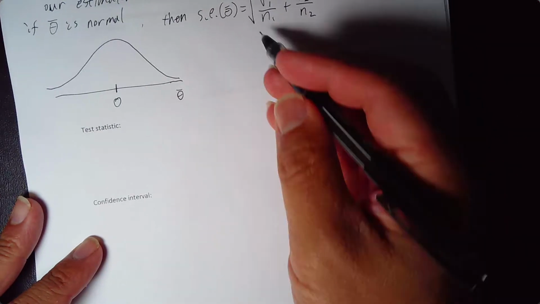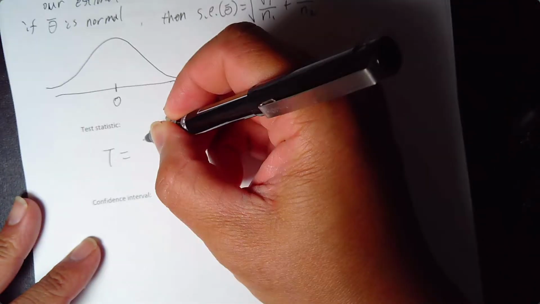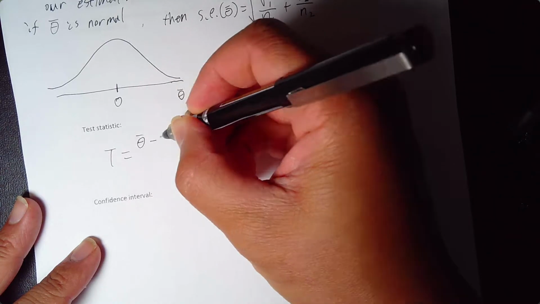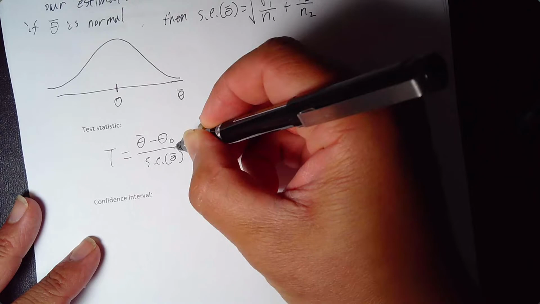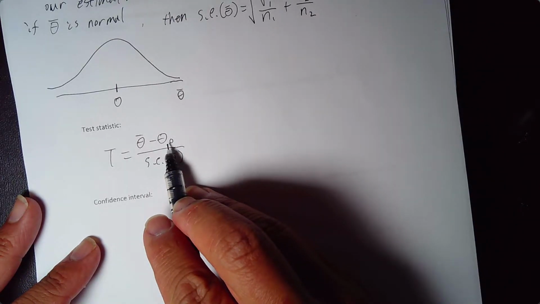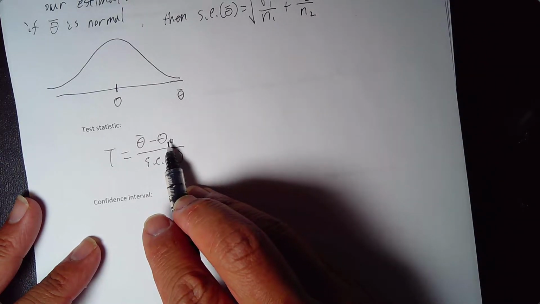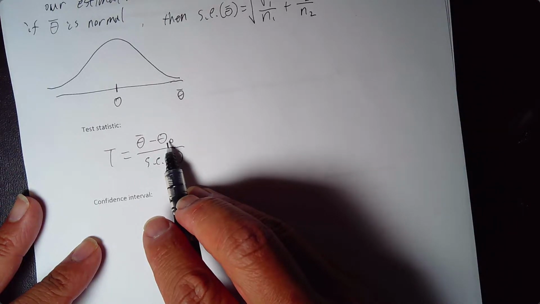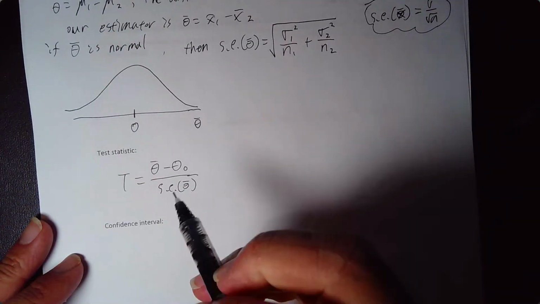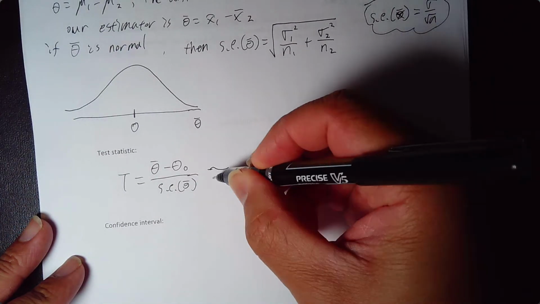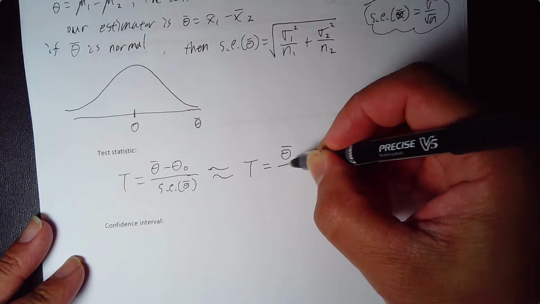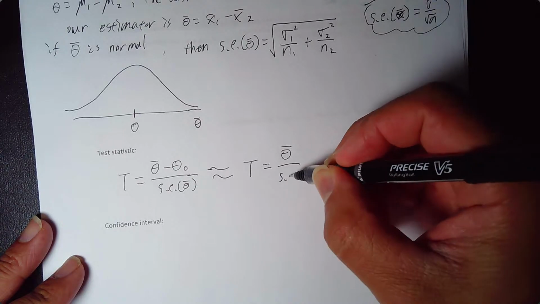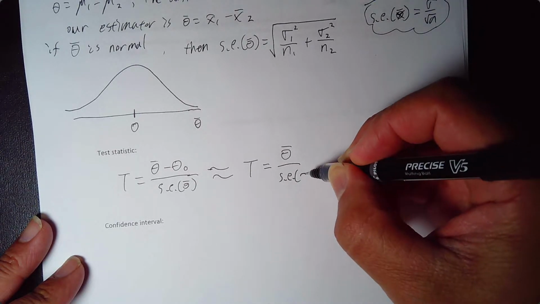Once we have that, our test statistic is very simple: theta bar minus theta naught over the standard error of theta bar. Our theta naught will always be 0, at least in our class, because right now all of our hypotheses are asking if there is a difference. So the test statistic will basically always be just theta bar divided by the standard error of theta bar.